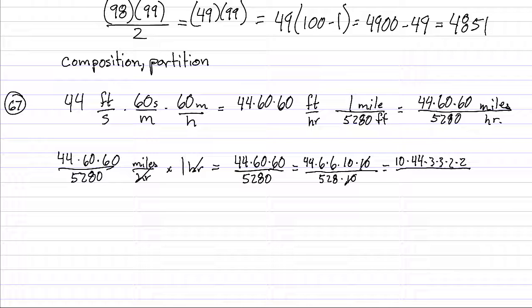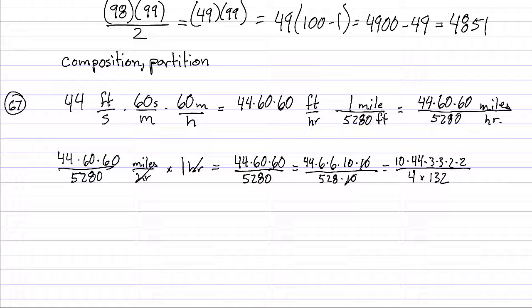And I'm going to factor out 4 here. I'm going to divide 528 by 4, and 4 goes into 5 once, leaving me with 12. 1, 3, 2, 132.